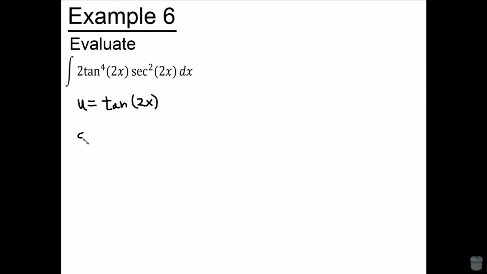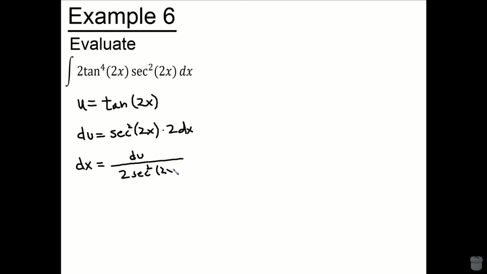When I do this, the derivative of tangent is secant squared of 2x times 2 dx. Here I actually used the chain rule, right? And now I'm going to solve for dx, which is going to be du over 2 secant squared of 2x.